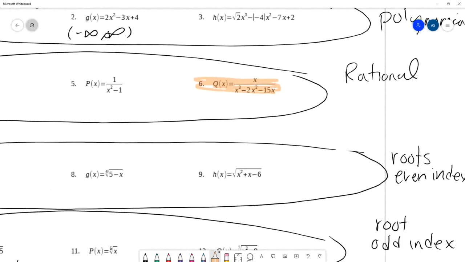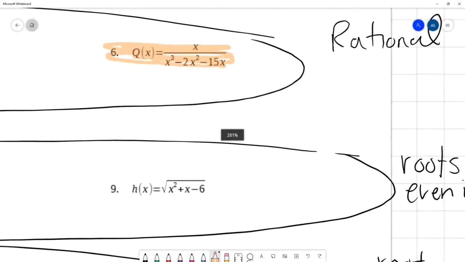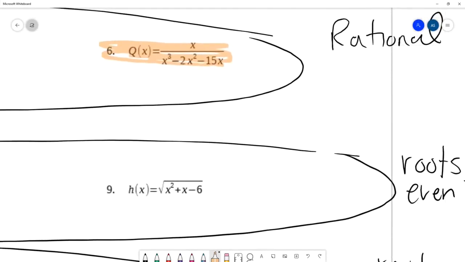And I want to find the domain of this rational function. So remember, rational functions have a variable in the denominator. That denominator cannot equal 0 because that's undefined.